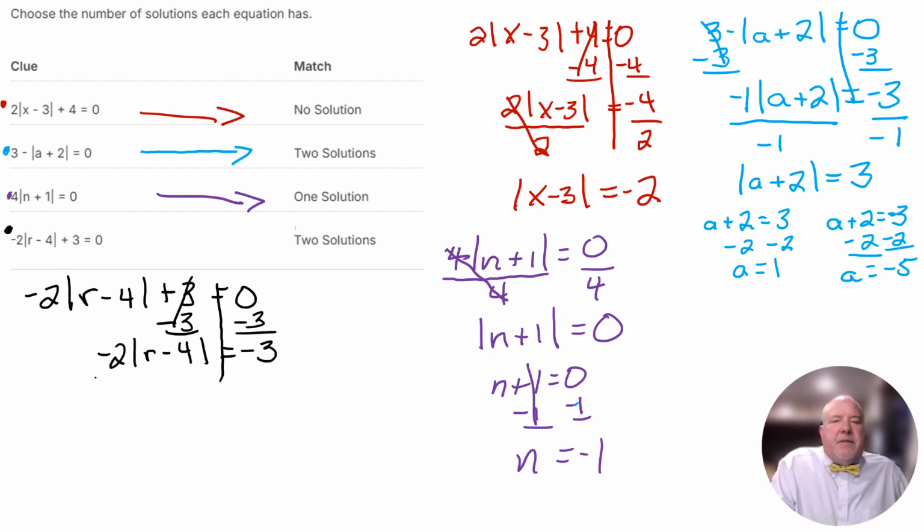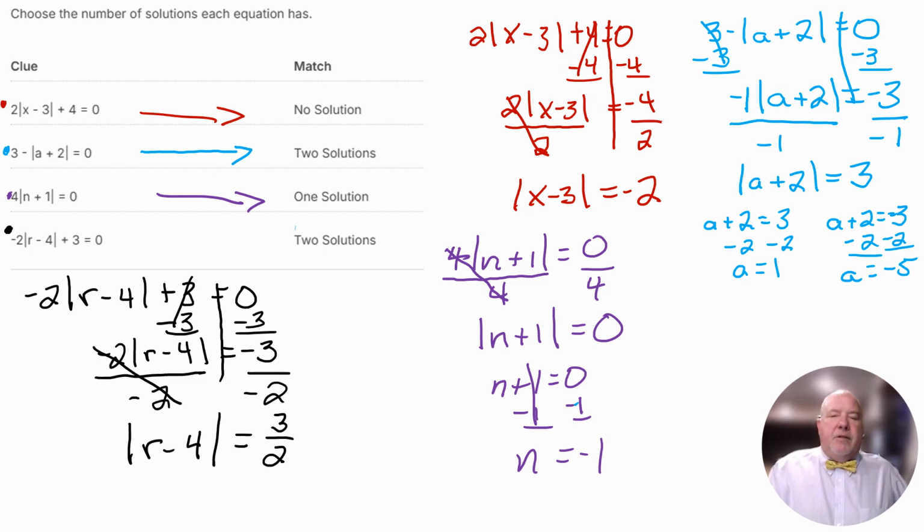I divide both sides by negative 2. That cancels out, and I have the absolute value of r minus 4 is equal to positive 3 halves. Then I would split this into two equations, just like I did on the light blue one, and solve them, and I'd get two solutions.